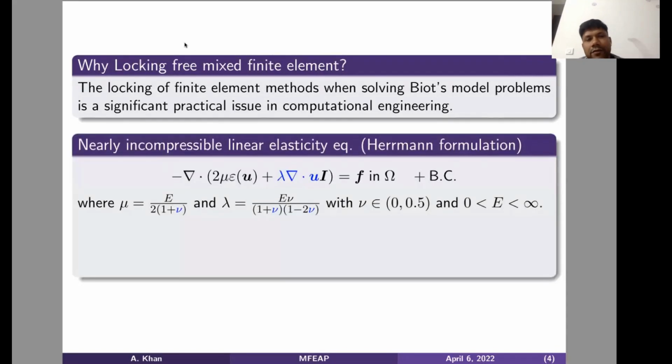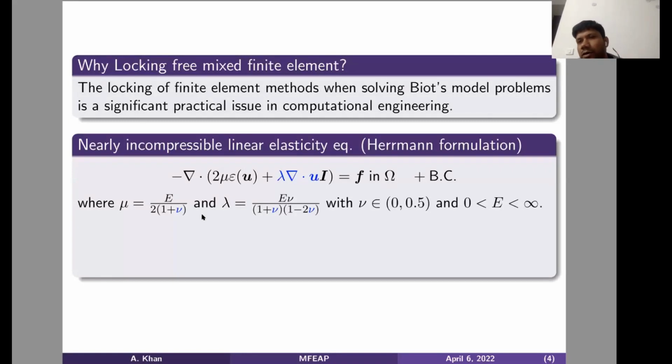For example, in a linear elasticity problem, where we have to find the displacement, mu and lambda are the Lamé coefficients and f is the force function, with some boundary condition. The structure of mu and lambda depends on two further parameters: the Young modulus and the Poisson ratio.